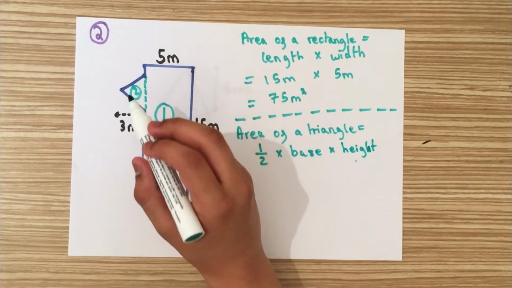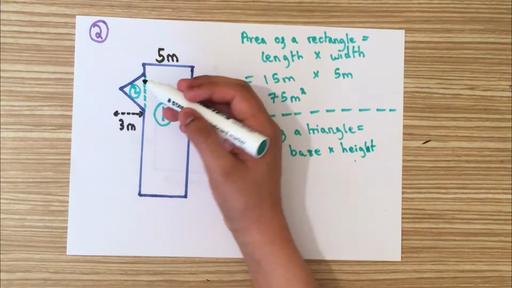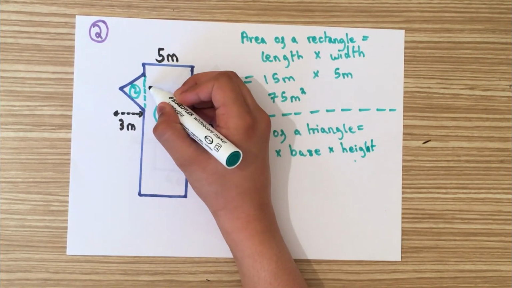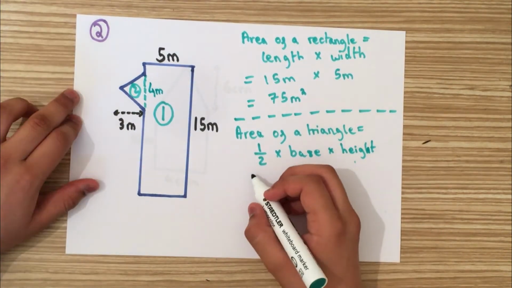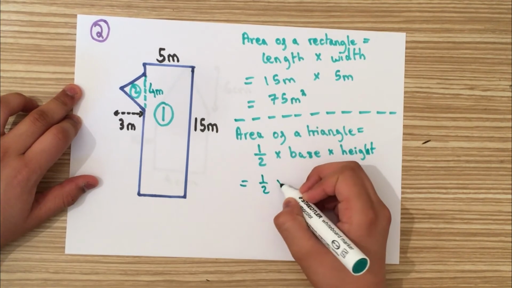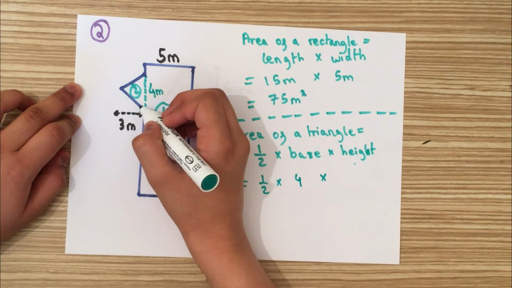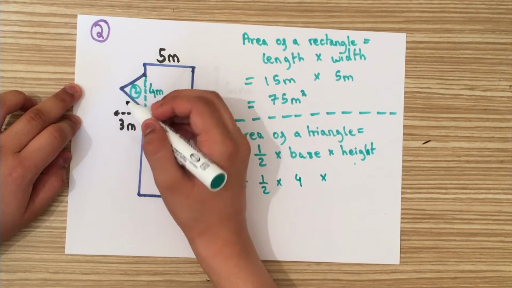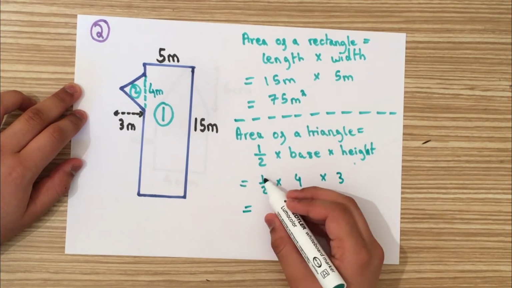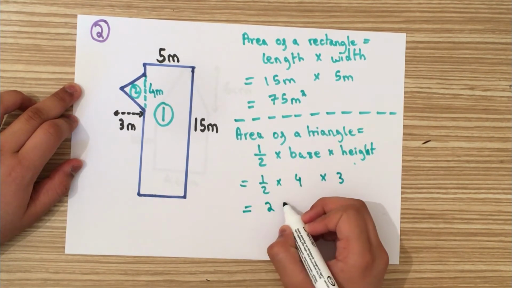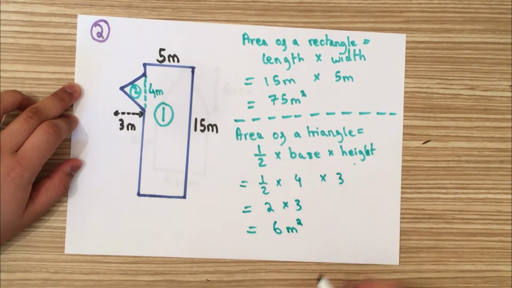In this case we cannot find out what the base is as per the values given in the question, so let's just estimate the base to be 4 meters. Then we can do half times 4 meters multiplied by the height, which is the vertical height from the base to the peak. So it's 3 meters. Half of 4 is 2, multiplied by 3. So we get 6 meters squared.